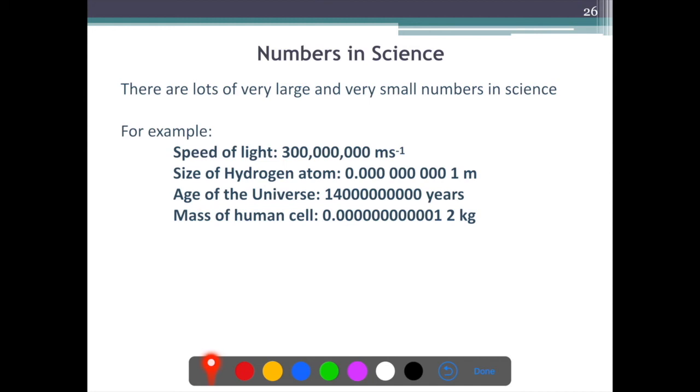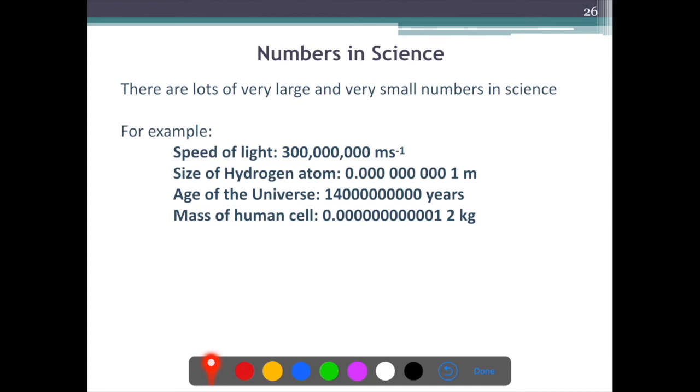300 million meters per second. The size of a hydrogen atom is this small, 0. All of these zeros, 1 meter. The mass of the human cell has all of these zeros. Also, the age of the universe has many zeros.